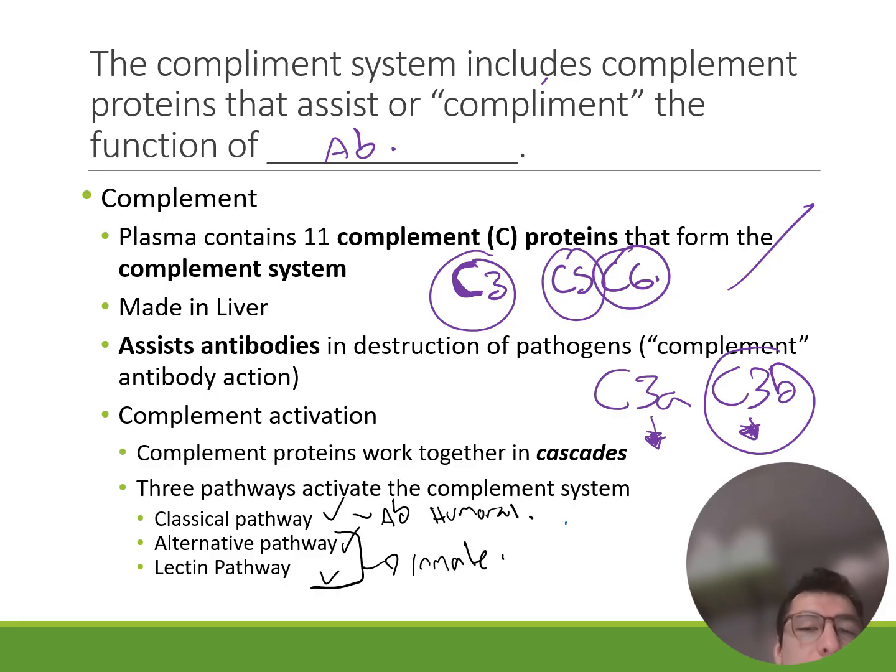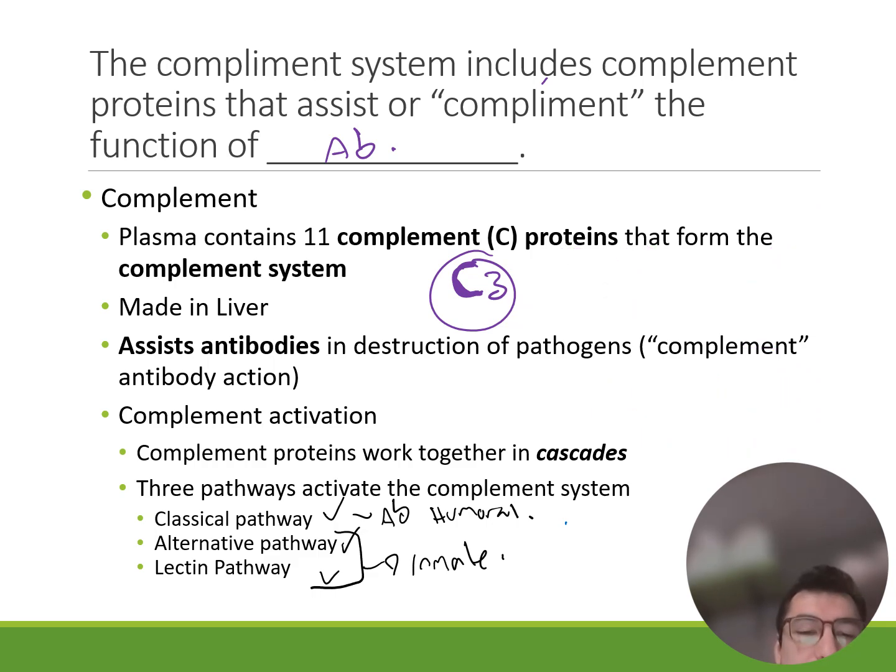The classical pathway, again, is how we just described it, where we have an antibody stimulating that C3b fixation of molecules. Within the alternate pathway, we have just a passive division of C3 into C3a and C3b, so that C3b can then just fixate onto a molecule protein.